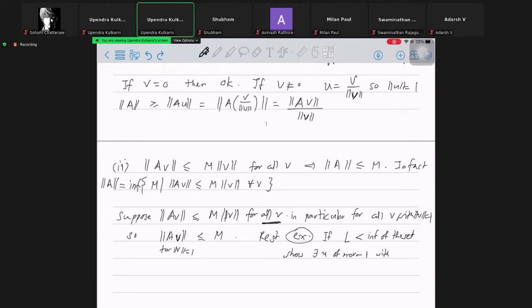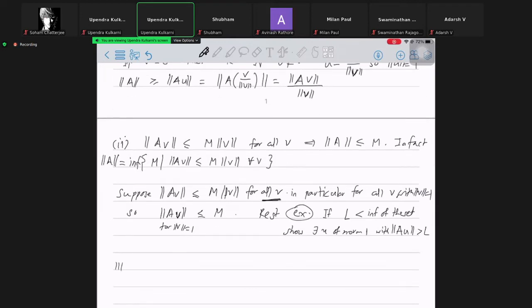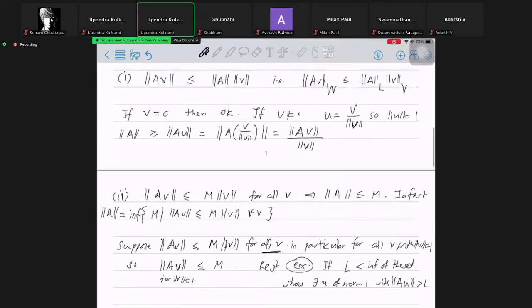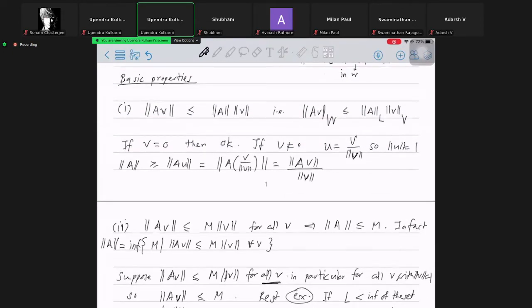Just help me here. With norm of AU greater than L, etc. Okay, good. So this is fine. Any questions so far? Really, it is the first property that is going to be enough for us in the proof of chain rule.